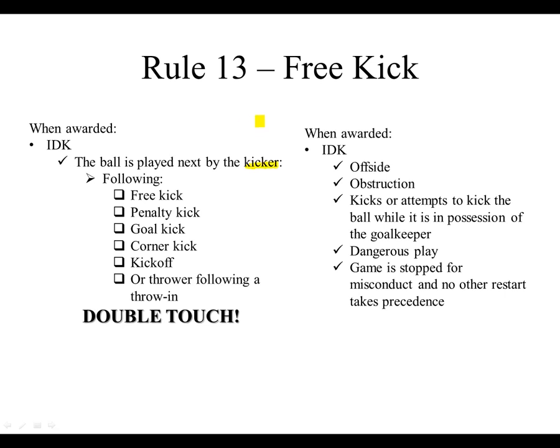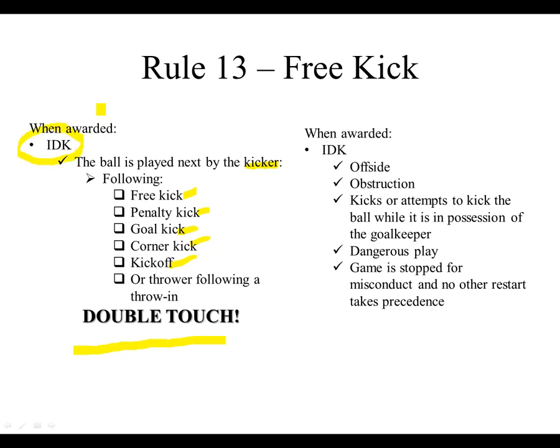If the kicker who's put the ball into play touches it again, following a free kick, a penalty kick, a goal kick, corner, or the kickoff, or the thrower following a throw-in, touches the ball again, we have a double touch situation, and we will award an indirect free kick.